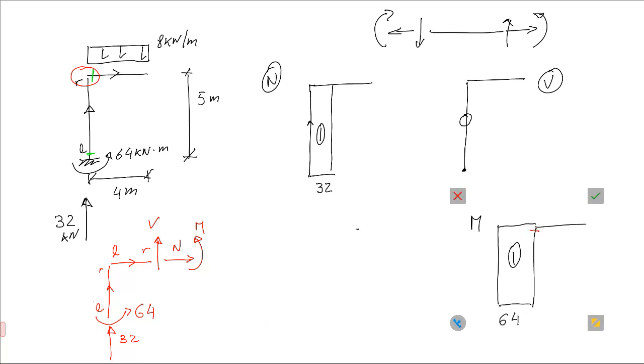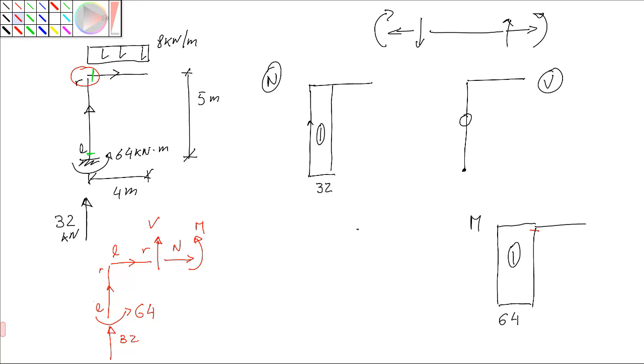So starting with the axial force, if I calculate all the forces parallel to the bar to the left of this section, I have this force of 32, which is compression, meaning negative 32.